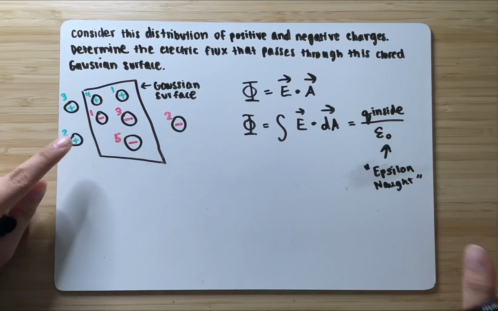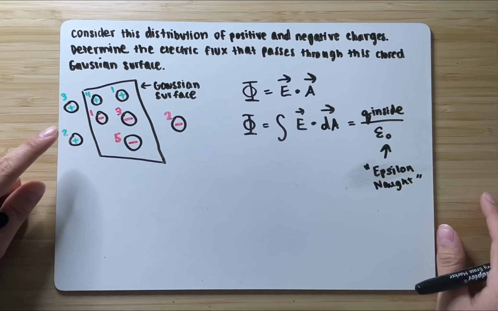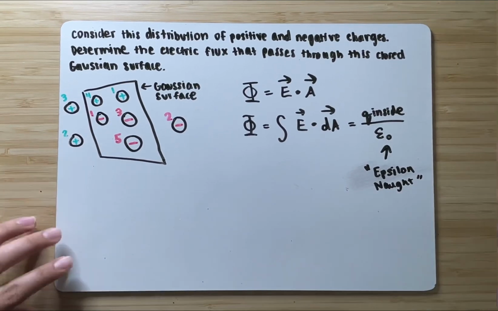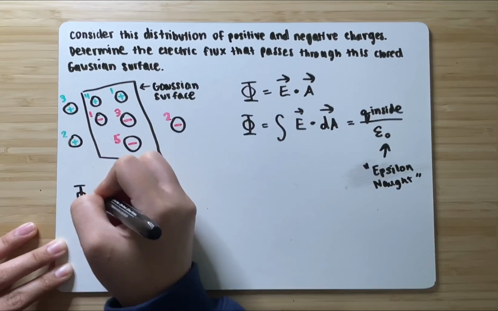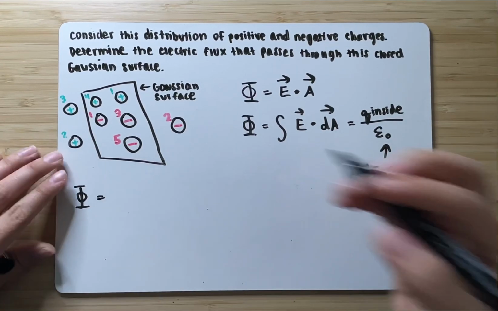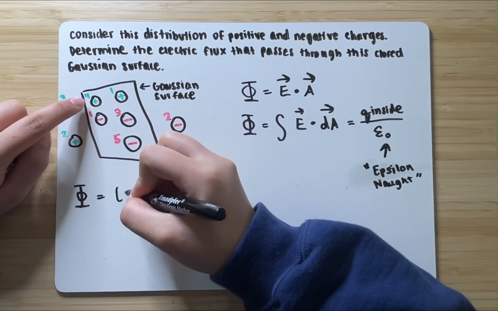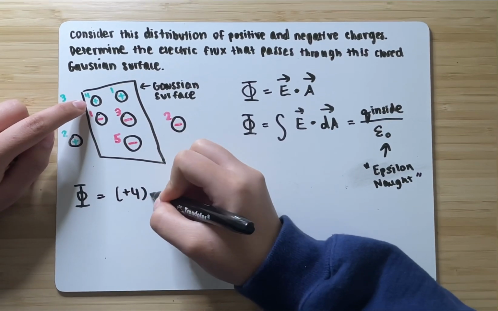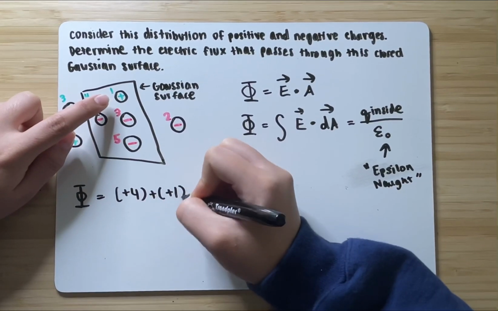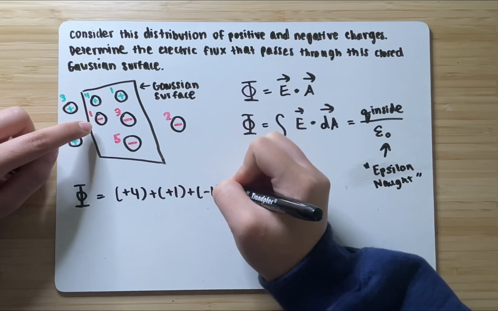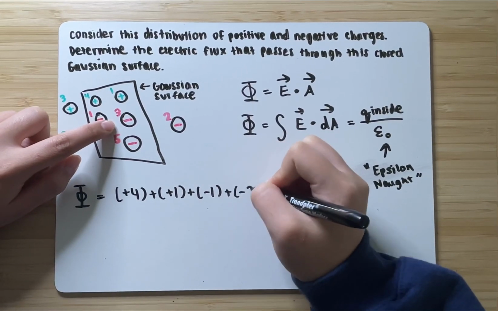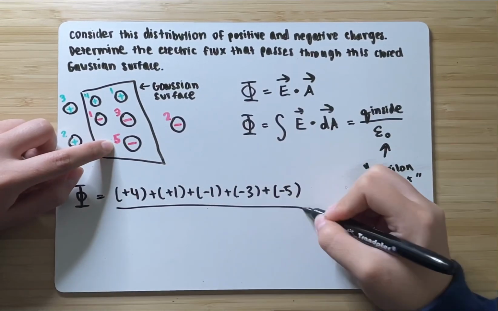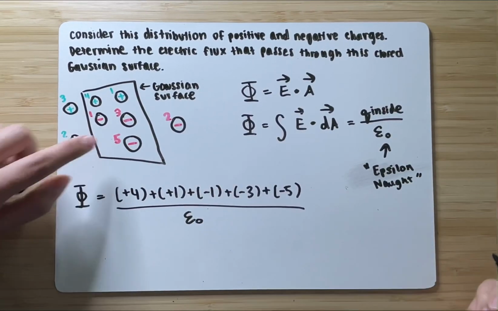Now we want to find the electric flux, so we want to find whatever charge is inside, and to do that you just add them together. So simple, so easy. So you have, keep the signs by the way, a positive 4 plus positive 1 plus a negative 1 plus negative 3 plus a negative 5, all over epsilon naught, okay?